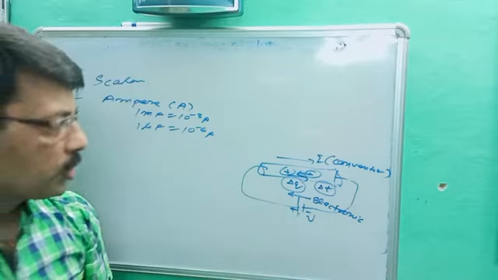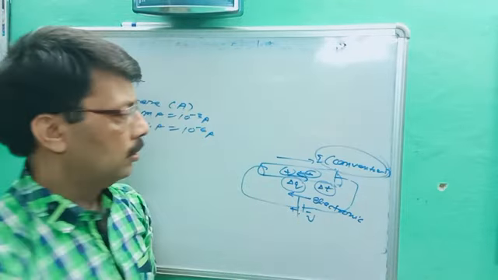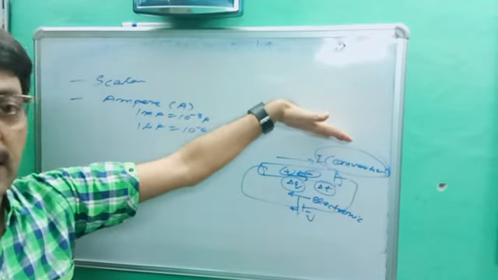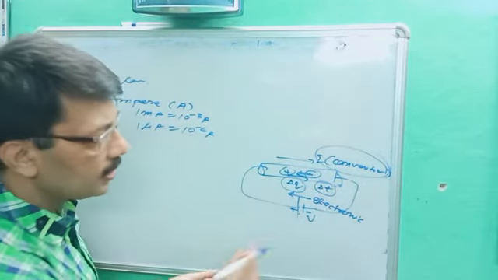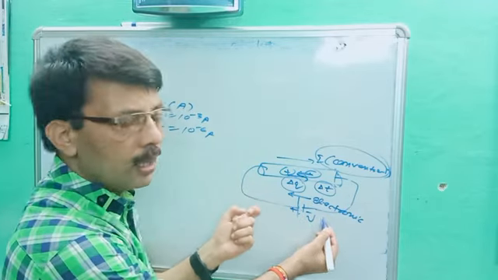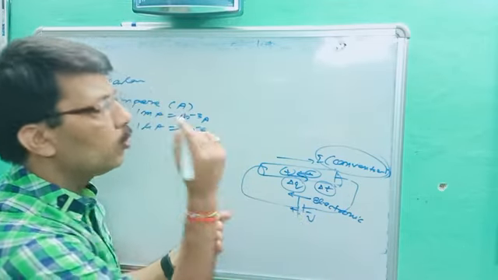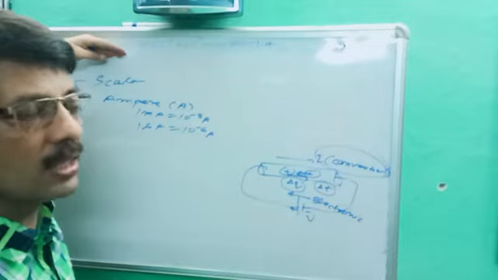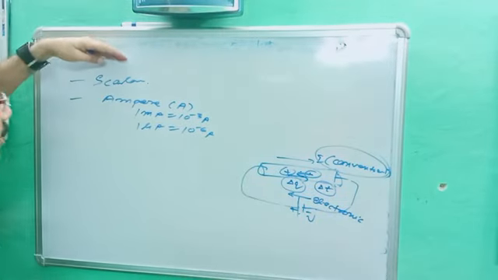Mostly we will use conventional current. So there are two types of current here: conventional current, in the opposite direction of electron, and electronic current. Conventional current is drawn from positive to negative terminal, and electronic current is drawn from negative to positive terminal. Current is a scalar quantity because it is represented by simple mathematical algebra.